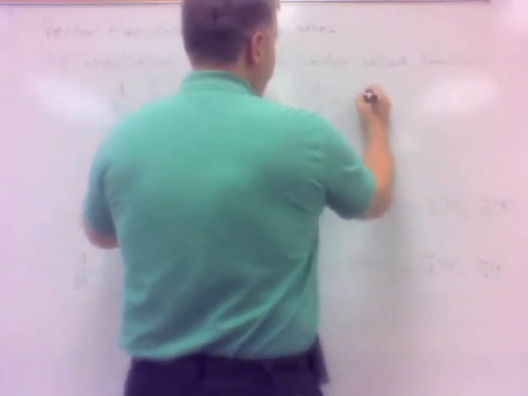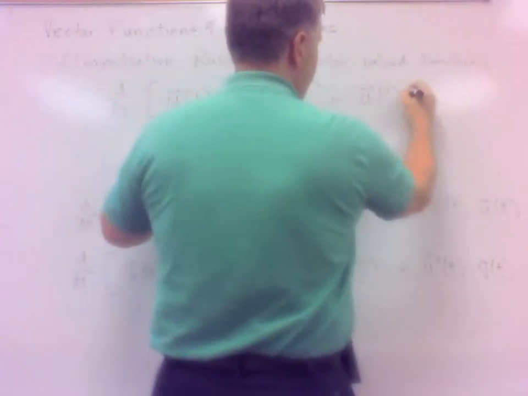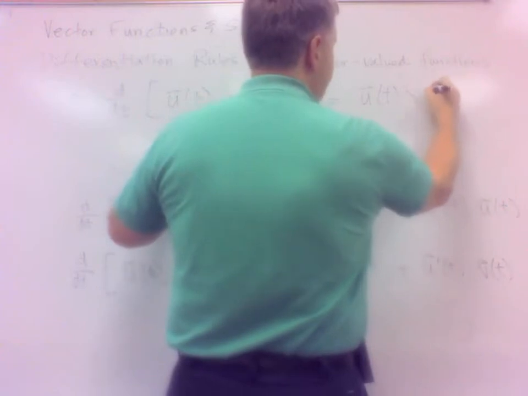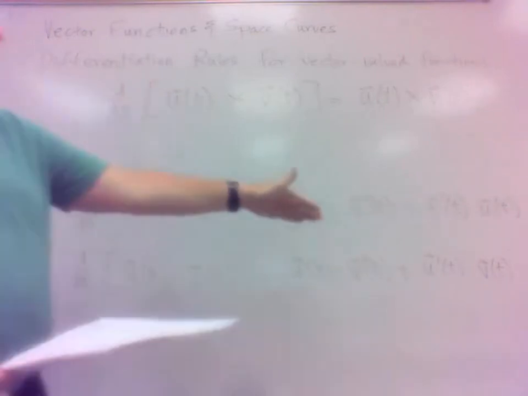As you know, the order of a cross product does matter, so you have to be careful on that. It's very much like I've been writing them. That's why I've been writing them like this.